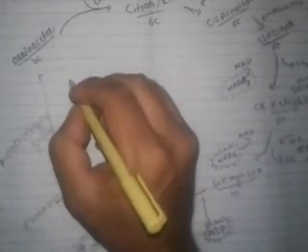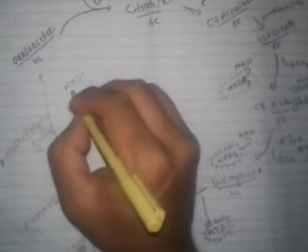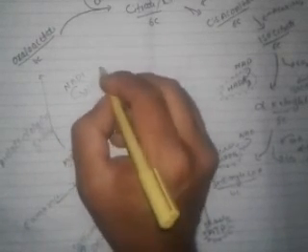The enzyme used is malate dehydrogenase. In this step H2 is also released from malate, which converts NAD into NADH2.